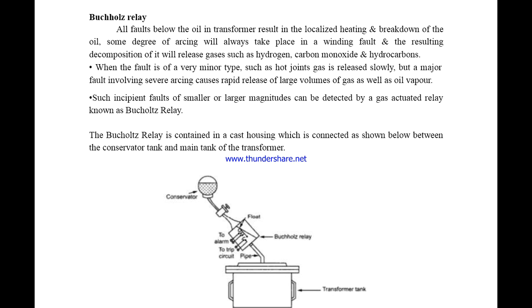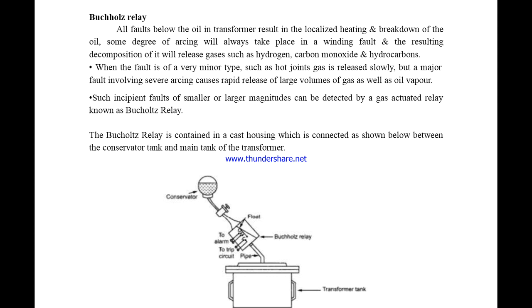The resulting decomposition will release gases like hydrogen, carbon monoxide and hydrocarbons. When the fault is of a very minor type, such gas is released slowly, but a major fault involving severe arcing causes rapid release of large volumes of gas as well as oil vapor. Such incipient faults of smaller or larger magnitudes can be detected by a gas actuated relay known as the Buchholz relay.